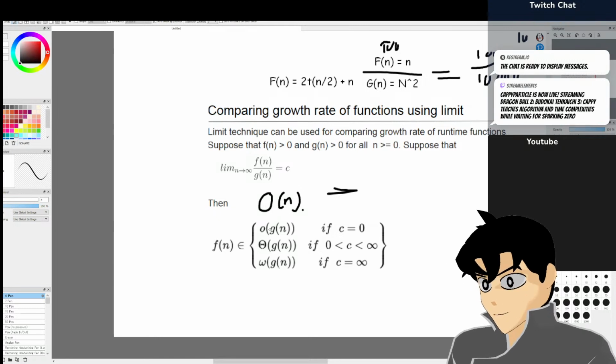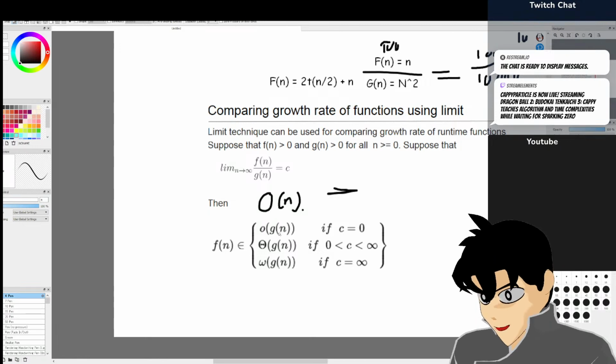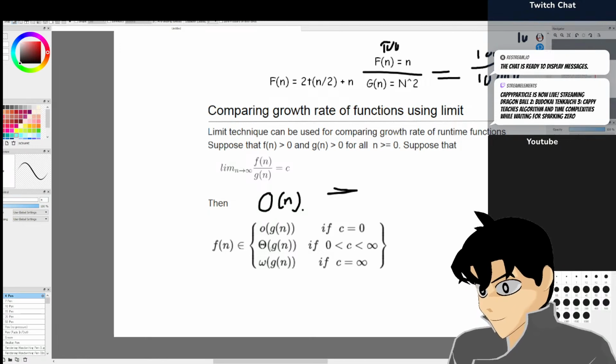Little o is f of n grows significantly slower than g of n.